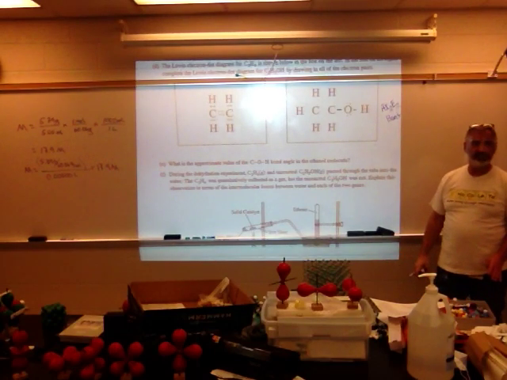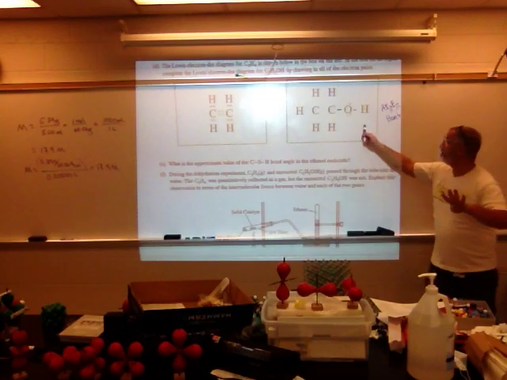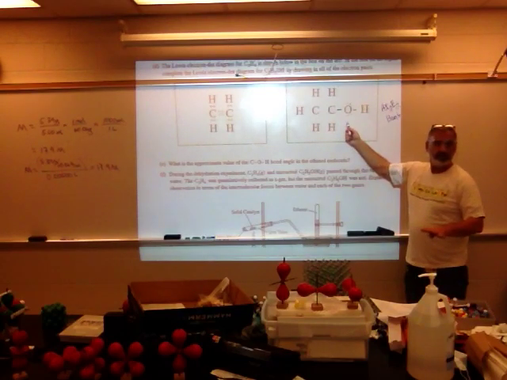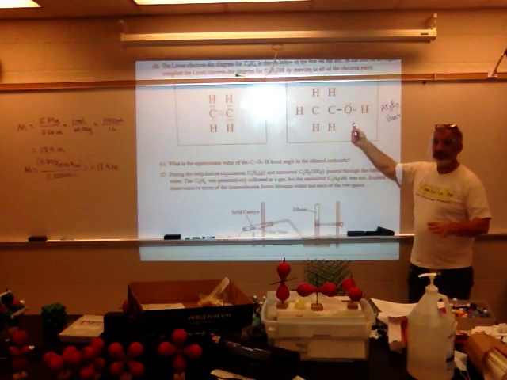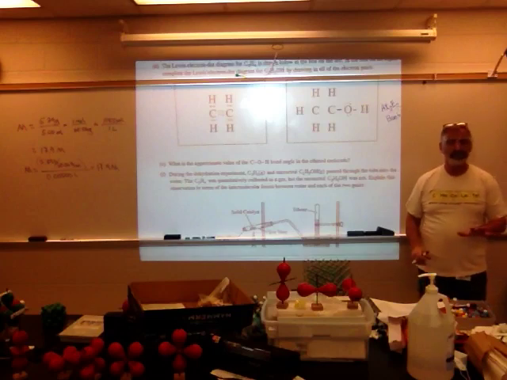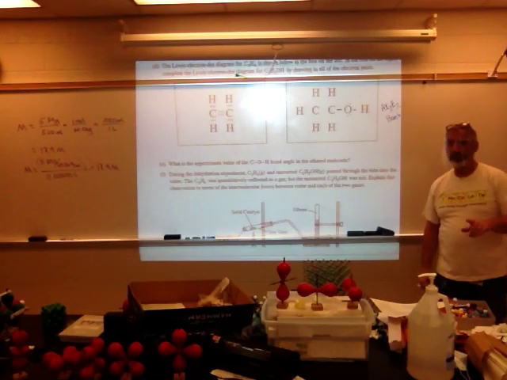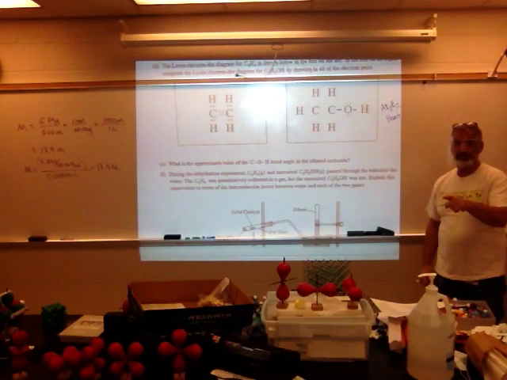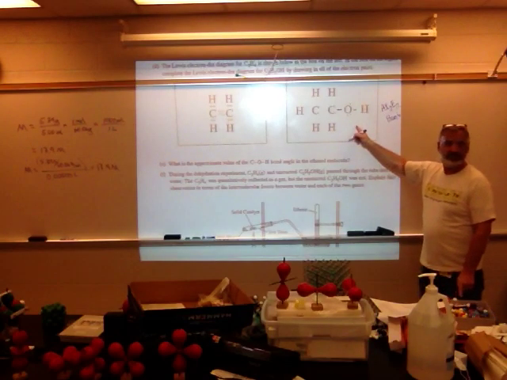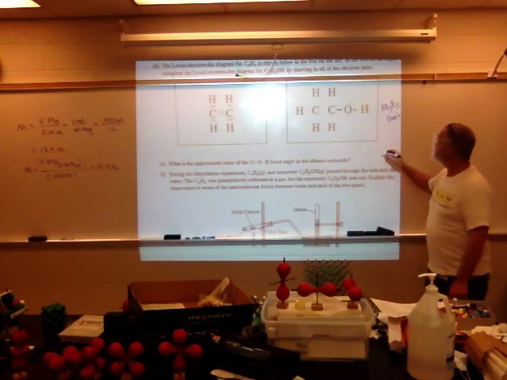There's 4 electron pairs. 1, 2, 3, 4. So what's the base shape of the electron arrangement? Tetrahedral. What's the bond angle in a tetrahedron? 109.5. But we have 2 lone pairs. So what's my approximate bond angle? Approximately 105.